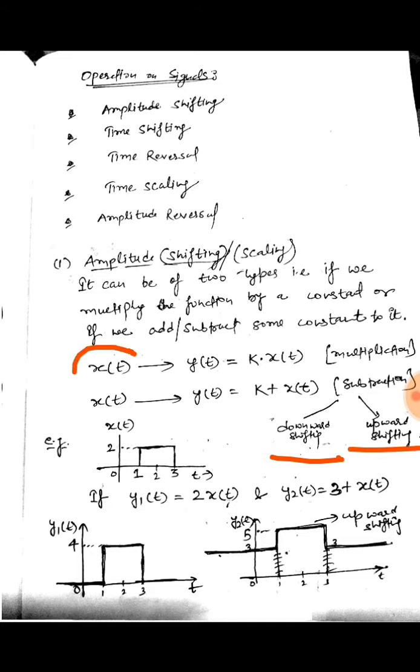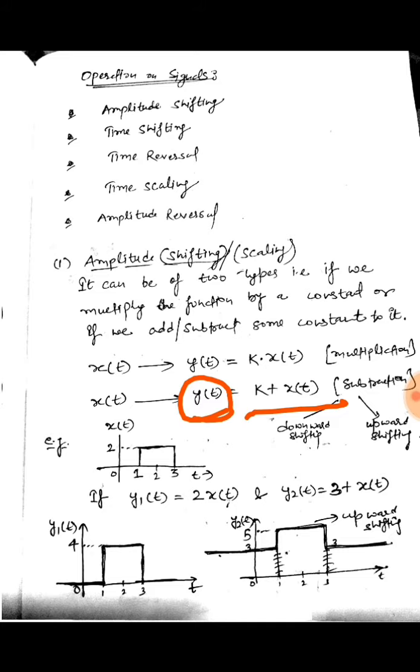So if we have our message signal or whatever signal we have, xt, if we multiply it with a constant k, it would become a new signal yt, that is yt is equal to k into xt, and yt is a scaled version of xt. Similarly, if we add some constant value to our signal or subtract some constant value, then we will get a new signal, which is an amplitude shifted version of our original signal xt. So let's understand it using an example.